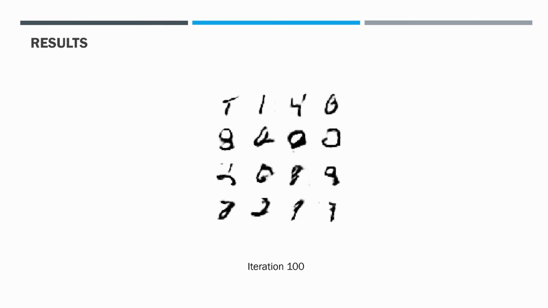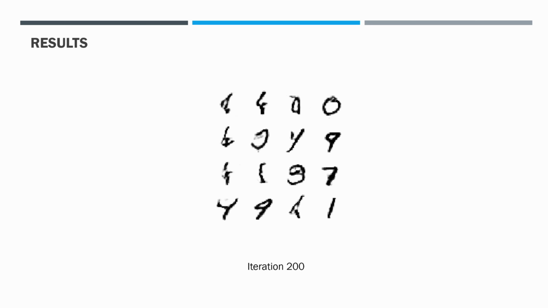After about 100 iterations, we can see some recognizable shapes being formed by the test images. After 200 iterations, the shapes are a little bit more defined, but still, even for humans, we can identify these as not human-generated.